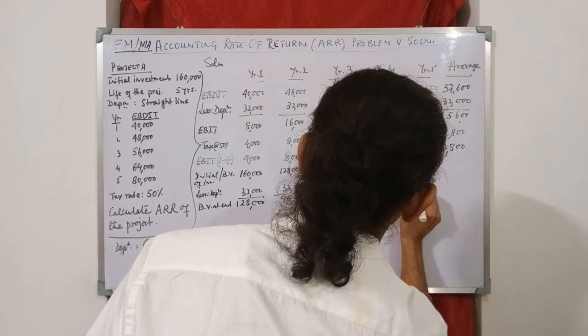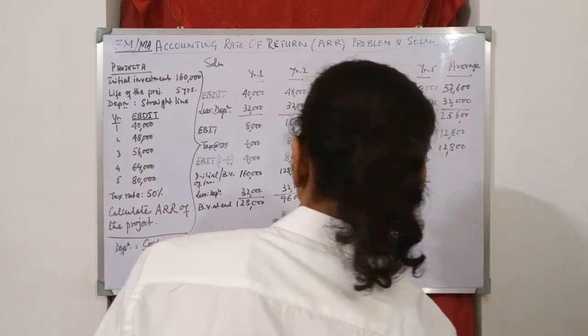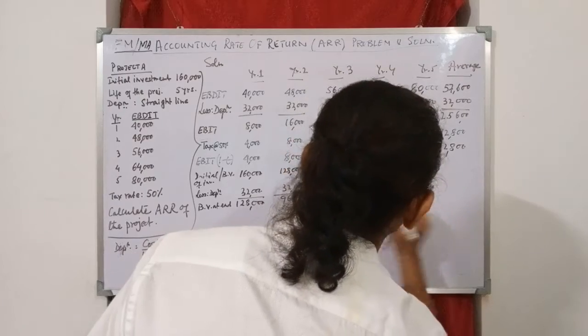Depreciation 32,000. So book value at the end of year 5 is 0. Right?